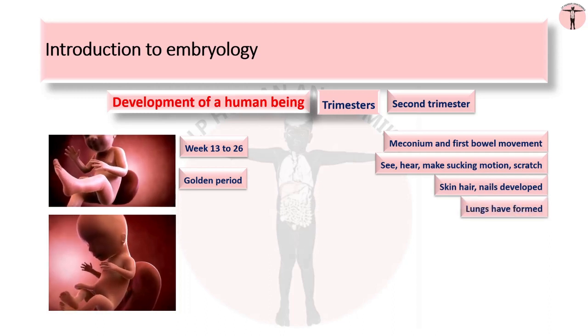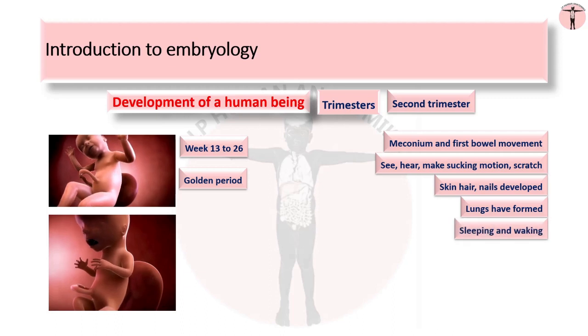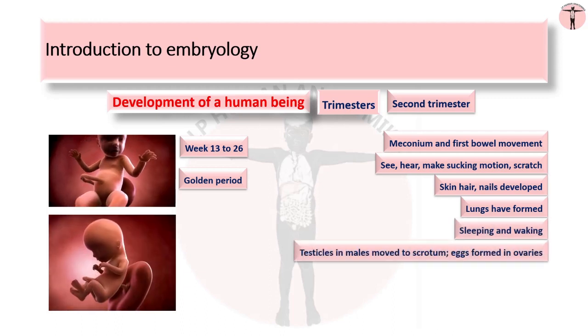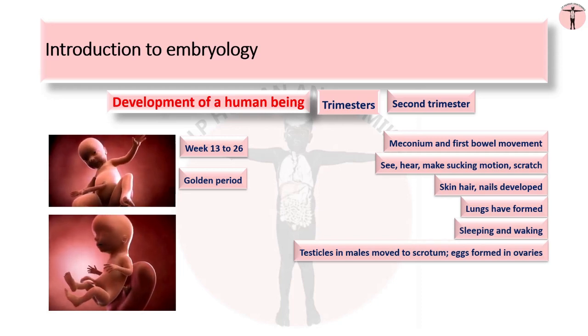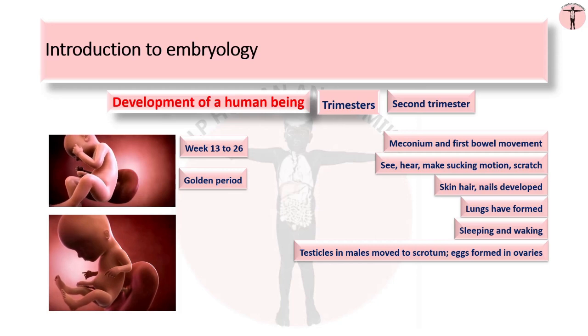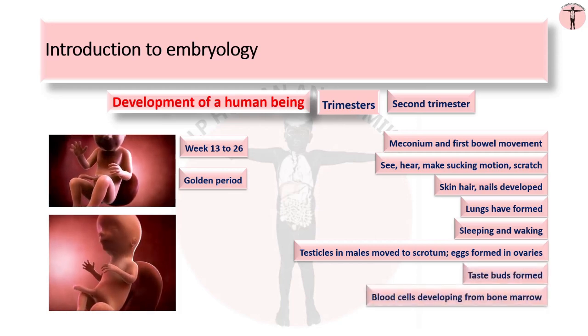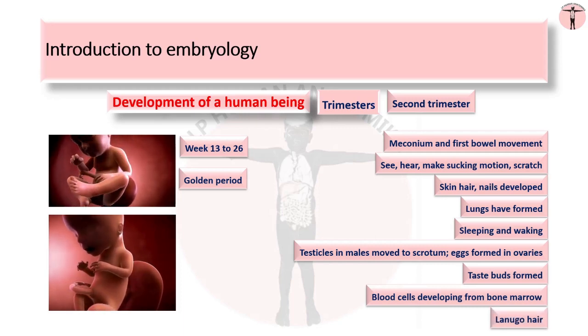The lungs have formed but do not yet work. The fetus is sleeping and waking regularly. A male's testicles will have moved to the scrotum and a female's eggs will have formed in the ovaries. Taste buds have formed. Blood cells are developing from bone marrow. Lanugo, which is fine hair, covers the body.